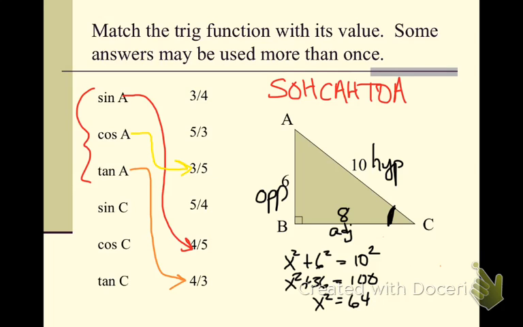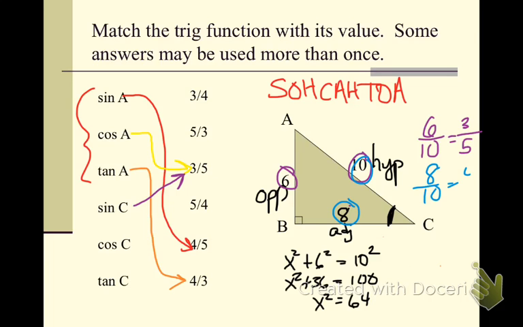So the sine of angle C is the opposite, 6, over the hypotenuse. So that's 6/10, which we've seen before is 3/5. So the sine of C is also 3/5. The cosine of C, the adjacent over the hypotenuse, gets us 8/10, which is 4/5.